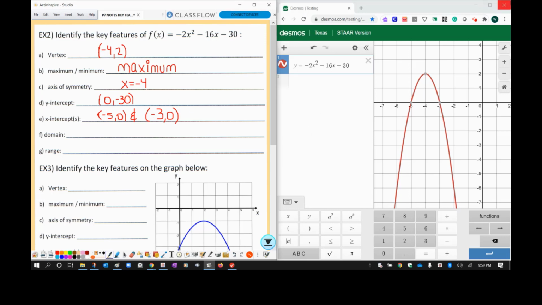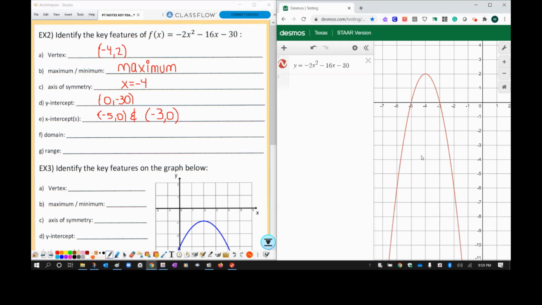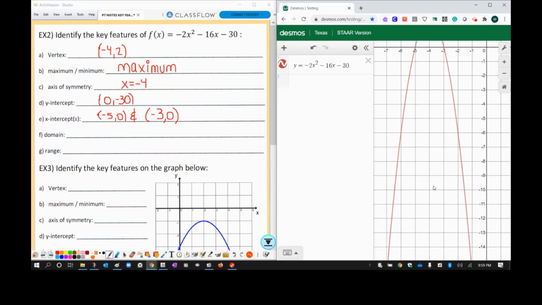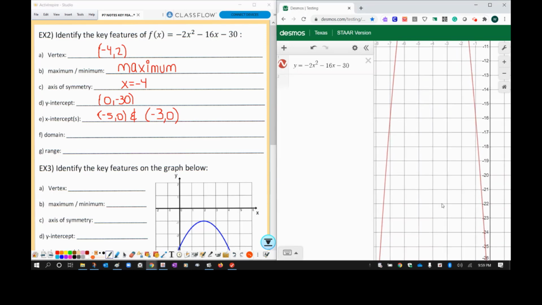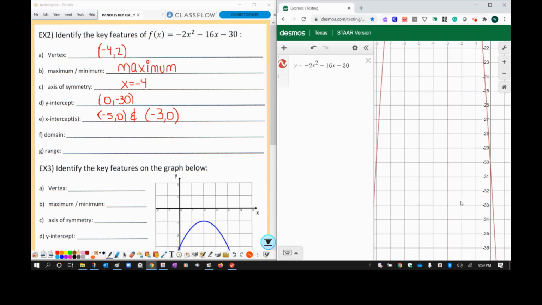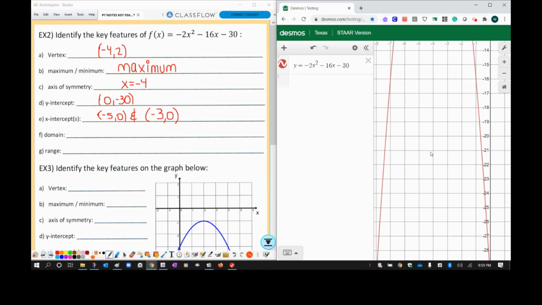And then let's do the domain. Now, please understand that on the calculator, they don't put the arrows, but basically, you know that this line is going to go forever here and here. So you know that your graph is going to be something like this, with an arrow here, an arrow here. So when you move the pencil across, you're going to touch right here.